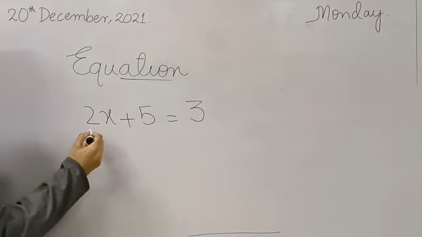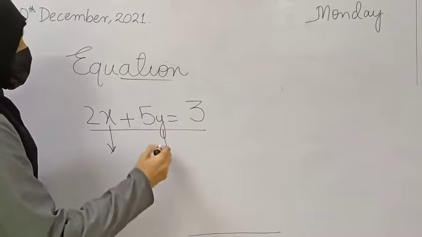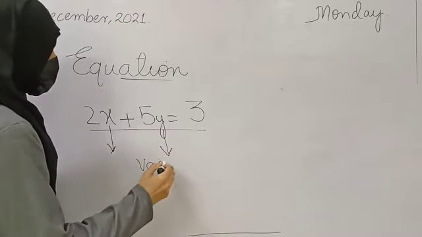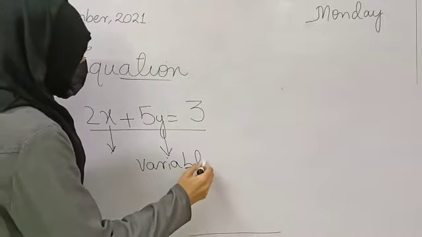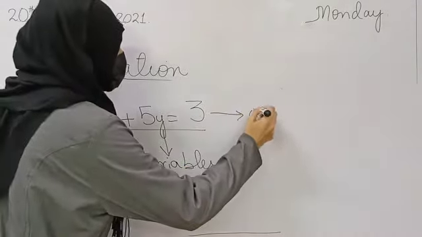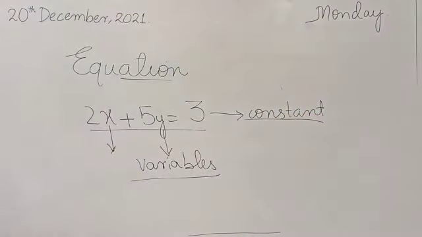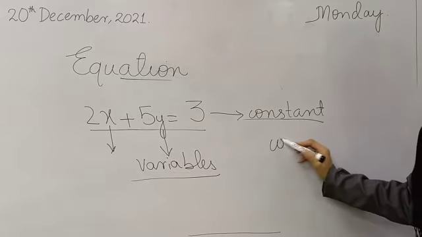In this equation, x and y are variables. And this is constant. What about 2 and 5? What are they? 2 and 5 are coefficients.